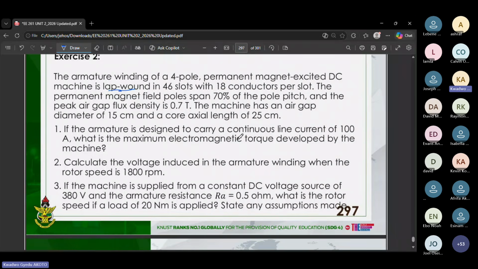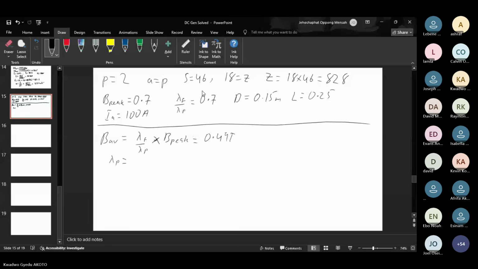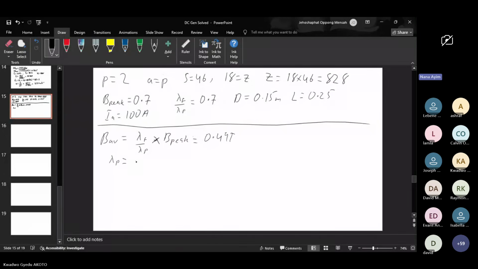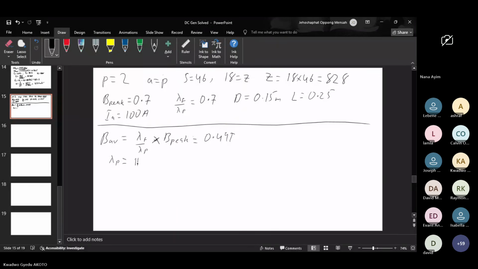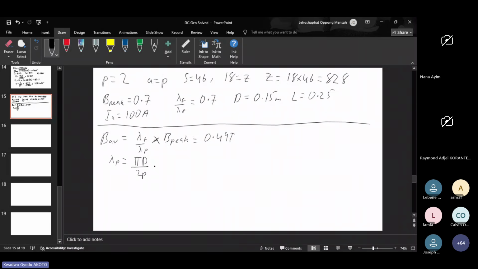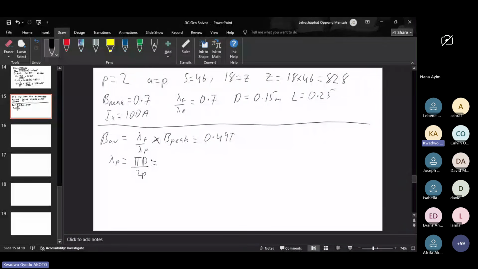It's essentially the area of our air gap, pi D on 2P, right? So 2P is equal to 4. So we have here our pole pitch being 0.117.